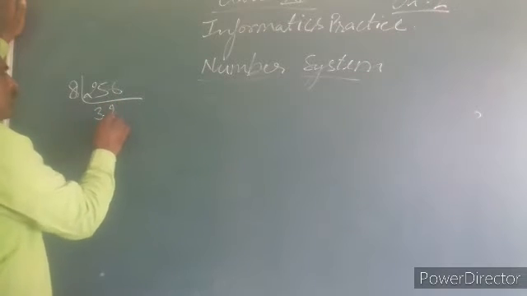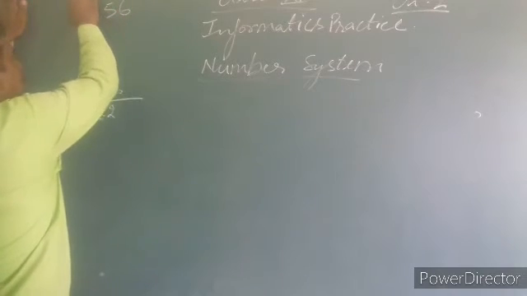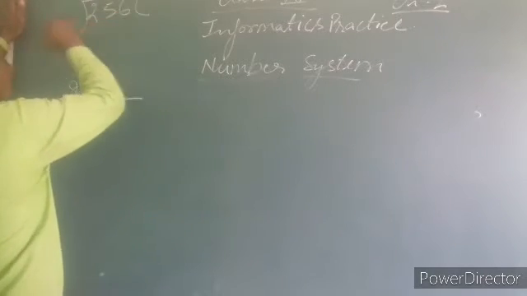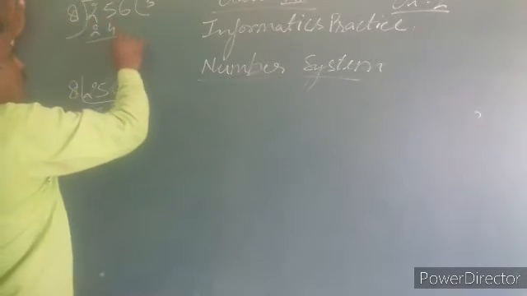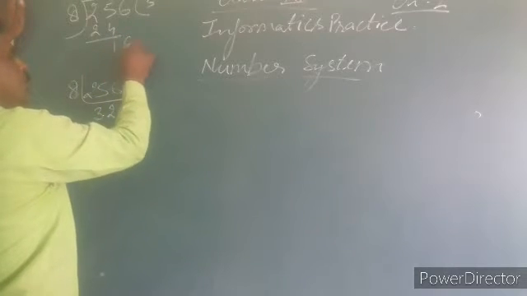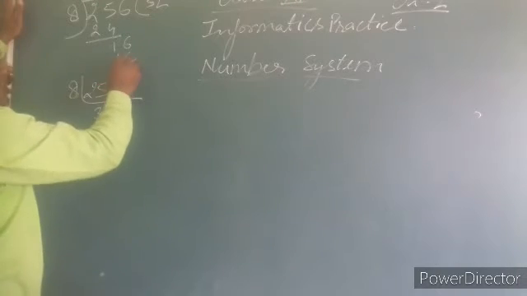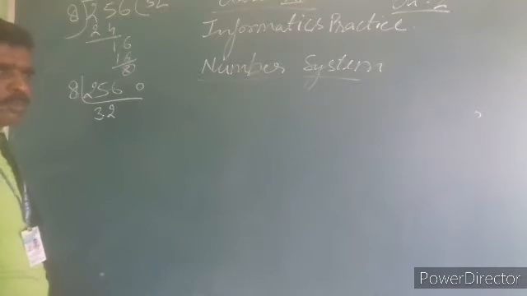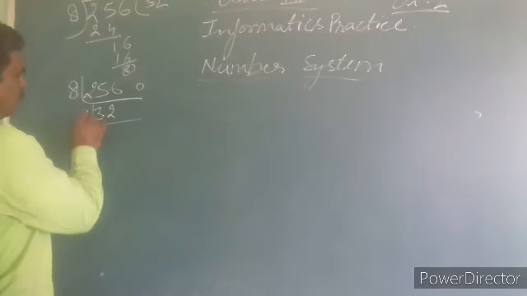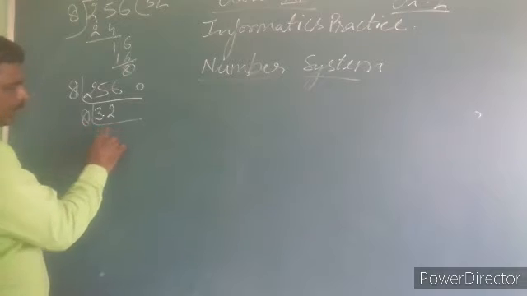8 2s are 16. Indirectly you can say here 8 3s are 24. Remainder is 1. So it will be 16. 8 2s are 16. Remainder is 0. So check it. That 32 will be displayed. After that, here it will come 0. After that, you can check. 8 4s are 32.